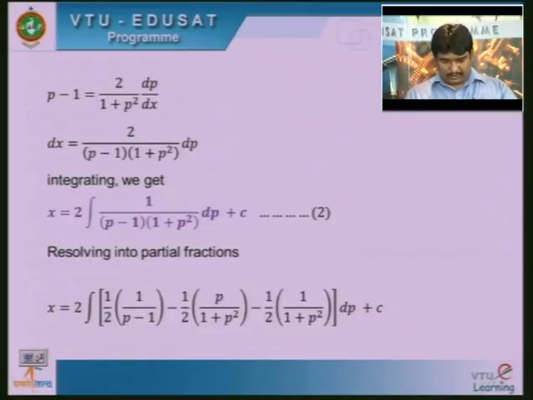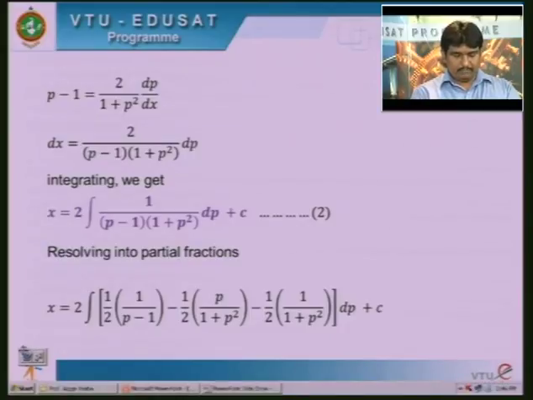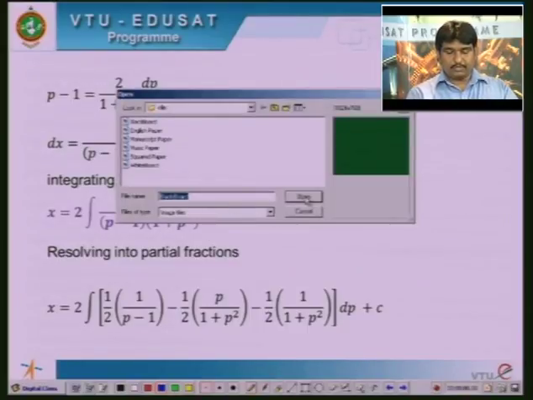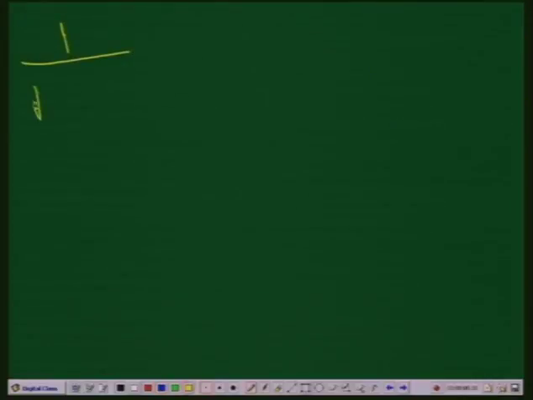How to resolve this? You are familiar with the method of resolving a proper fraction into partial fractions. We have 1 divided by p minus 1, one linear factor, and one quadratic factor.